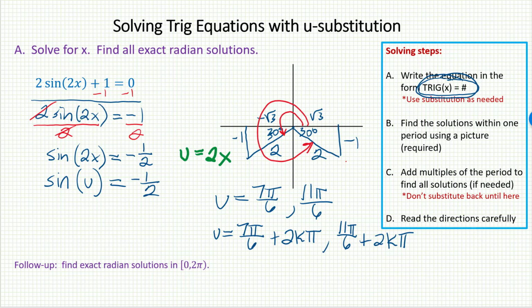In other words, I will replace u now with 2x. I'll do it in that first version and I'll do it in that second version. So I have 2x equals 7 pi over 6 plus 2k pi, and 2x equals 11 pi over 6 plus 2k pi. And then I just need to solve each of these equations for x.